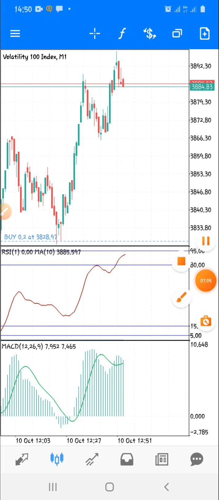So that is why most traders prefer using the MACD line. So I would conclude briefly that the MACD line does not lag behind the price action.